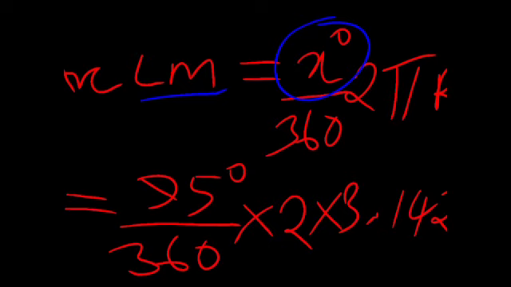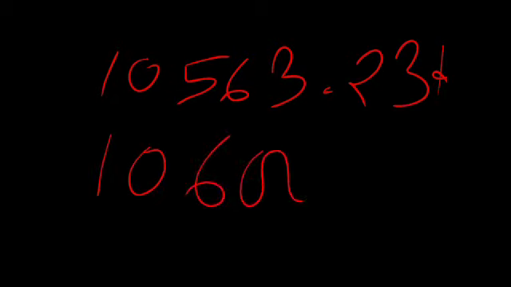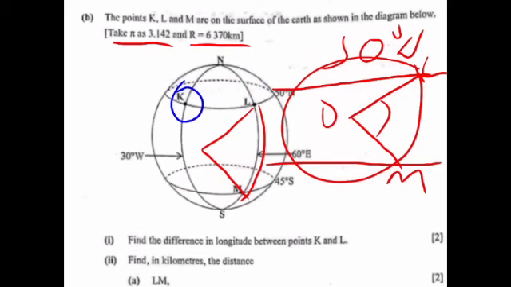That is going to give us 11,563.23, which can be rounded off to the nearest kilometer as 10,600 kilometers. And that is how we are going to get the distance between point L and M in respect to longitudes. Let's look at another example.